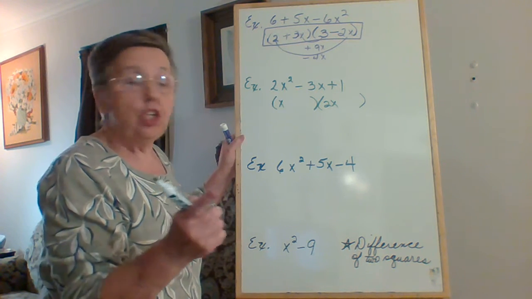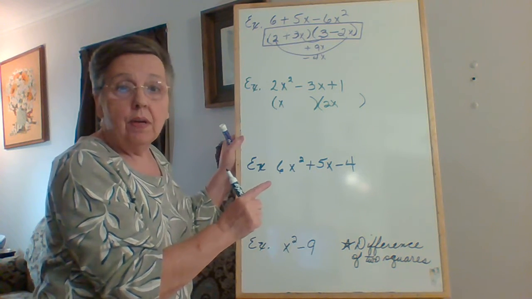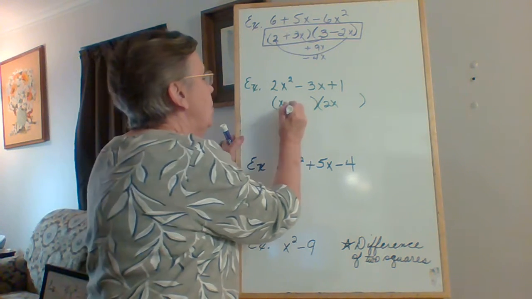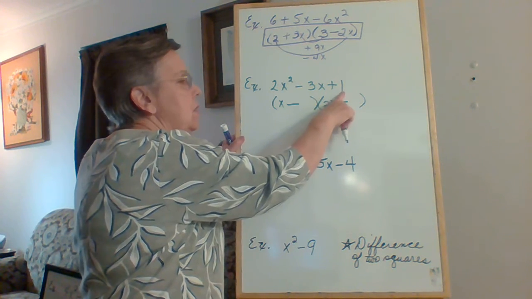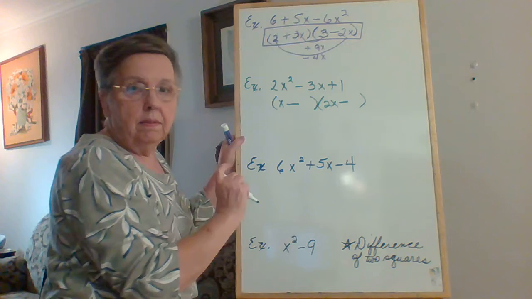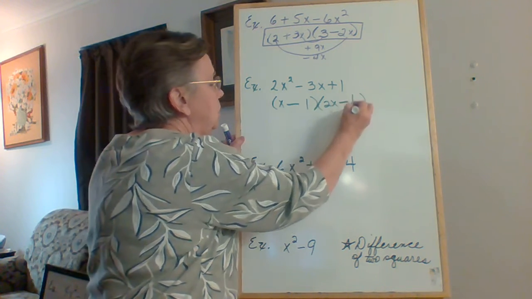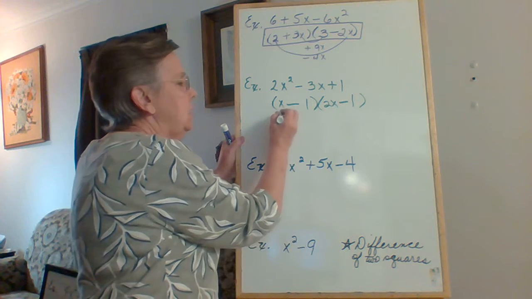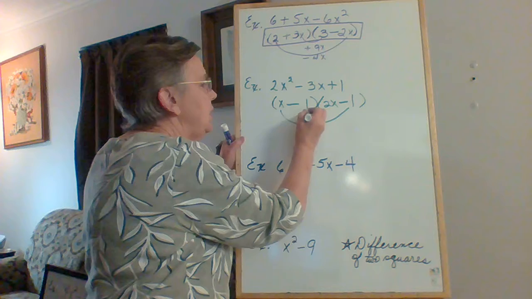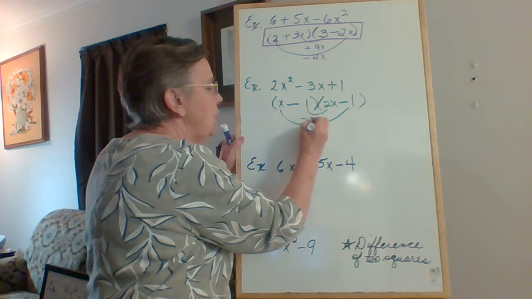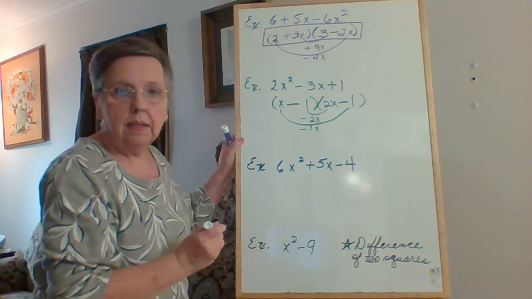Well, that's easy to check because this is a minus. That means I have to have minus. So minus and minus. The only factors of 1 are 1 and 1. Check the outside, minus 1x. The inside, minus 2x. That gives me minus 3x.